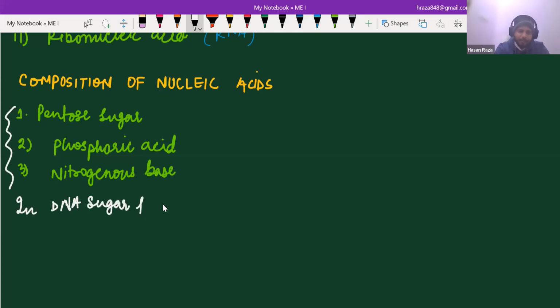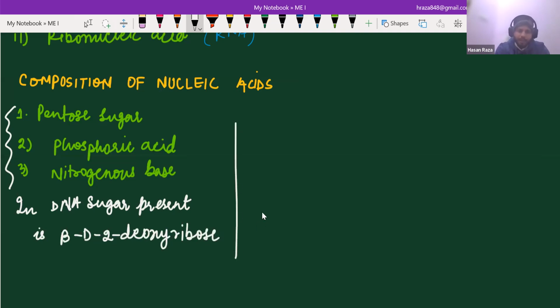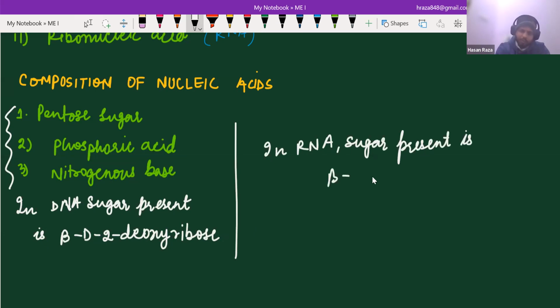But if you are going to be specific, in DNA the sugar present is beta-D-2-deoxyribose. And if you are going to look in RNA, the sugar present is beta-D-ribose.